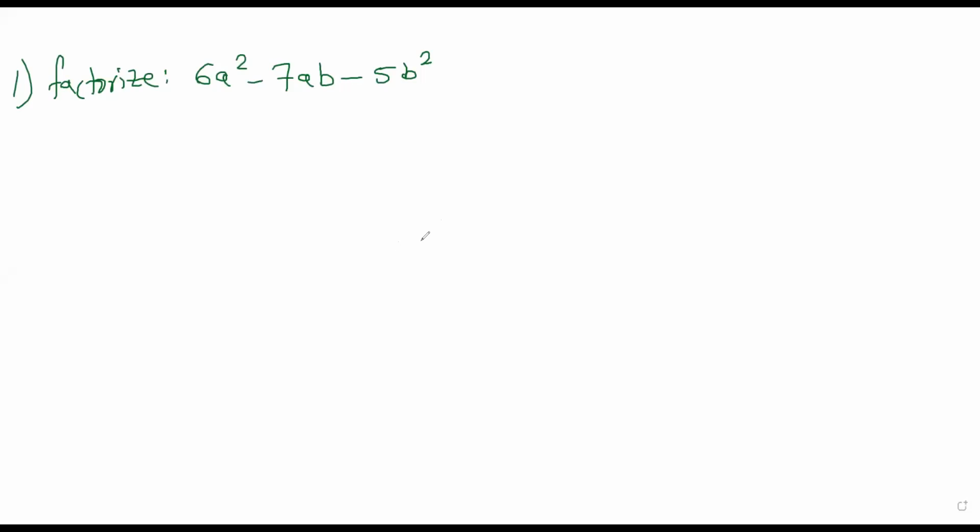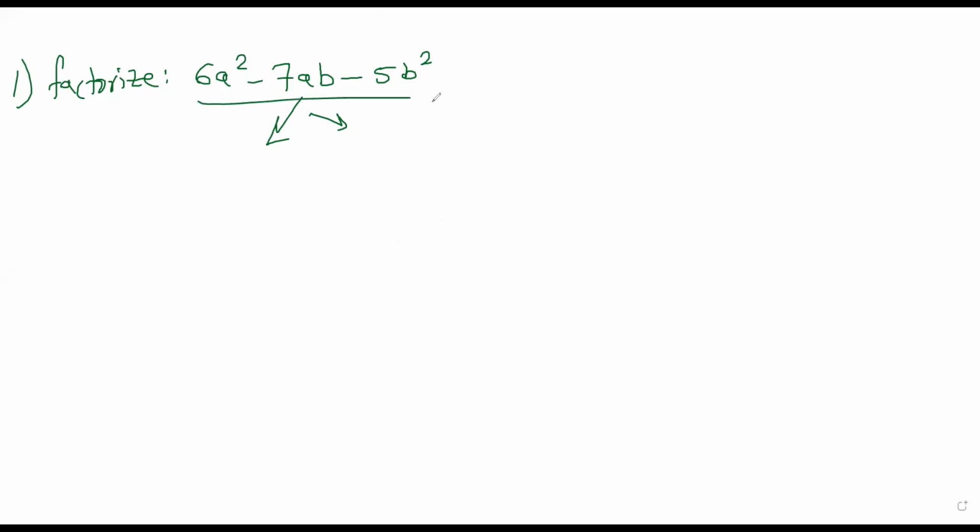Correct? What is the method? The method says that you have to split the middle term and then you have to group and then you have to take common. समझ? So basically we are going to use the second method and first method after splitting the middle term.